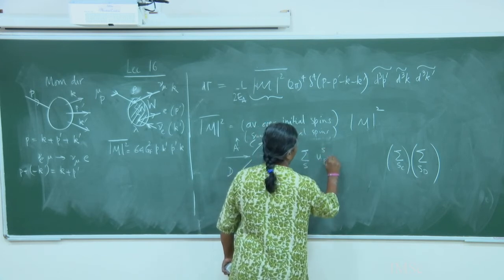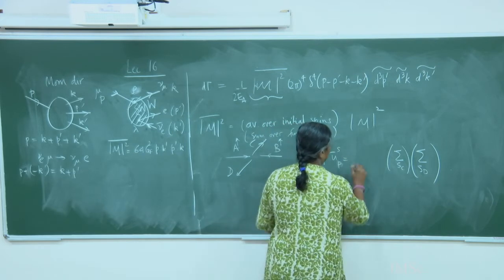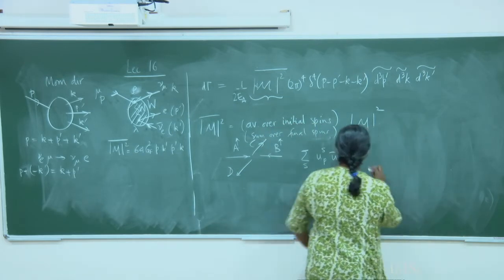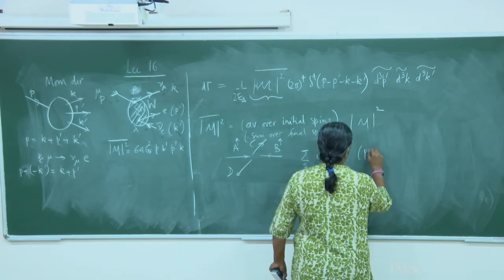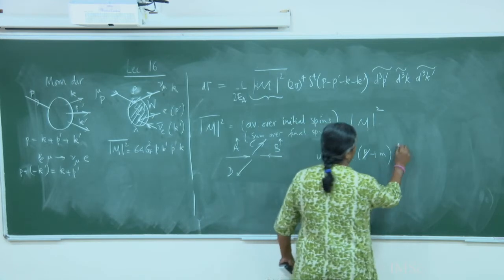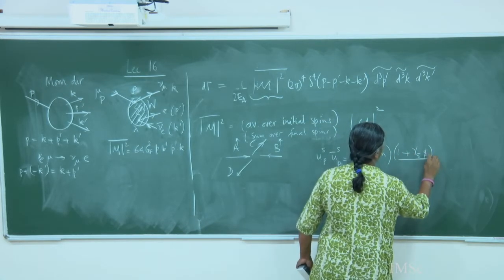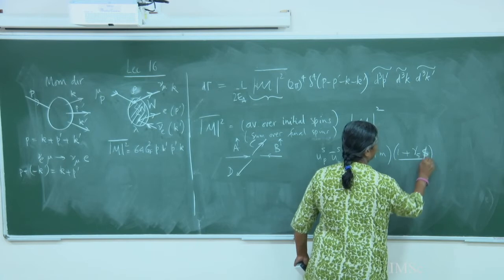And maybe I will just, for those who are keen, if I do not have a summation over S, this is what I had, sorry, the sum over S of u ubar was p-slash plus m, and if I do not sum over S, I will get (1 plus gamma-5 S-slash) by 2. This is S-slash, I hope you can see it.